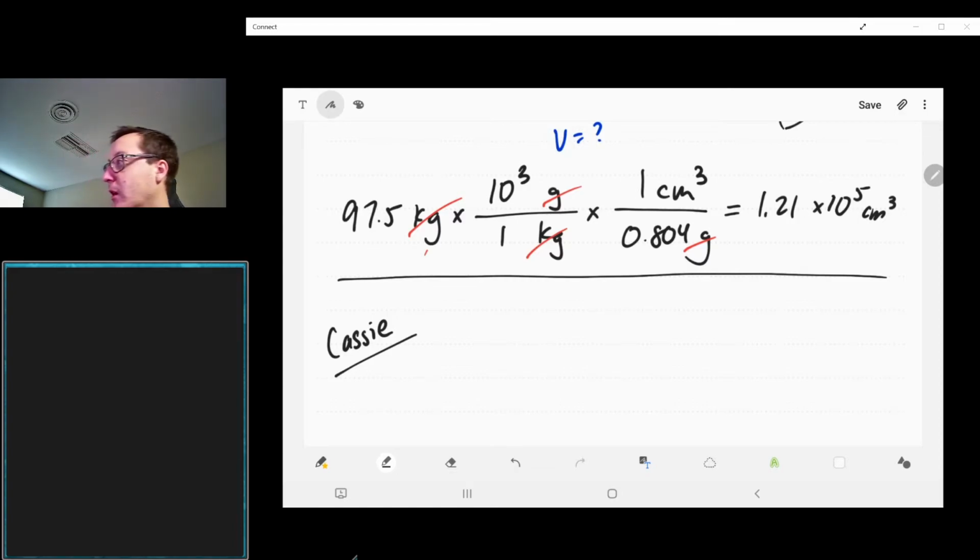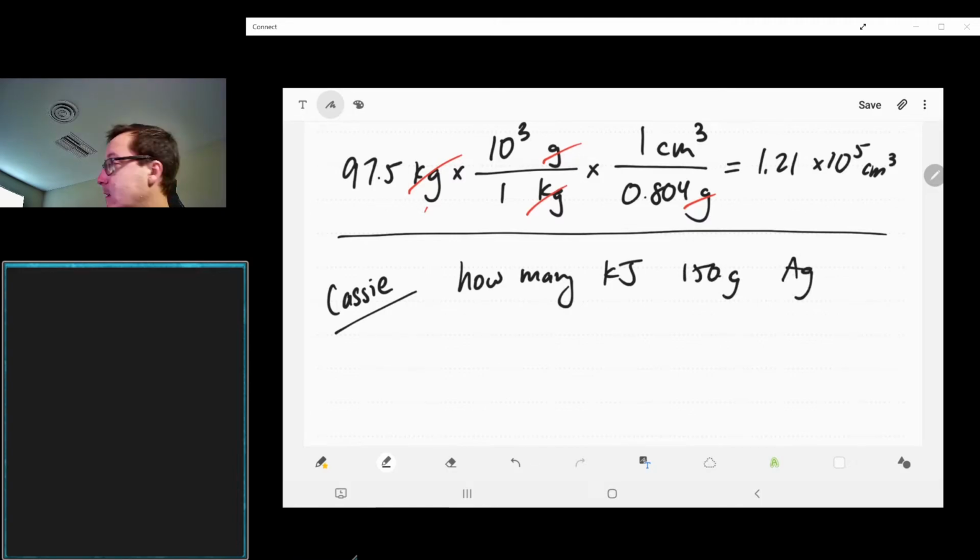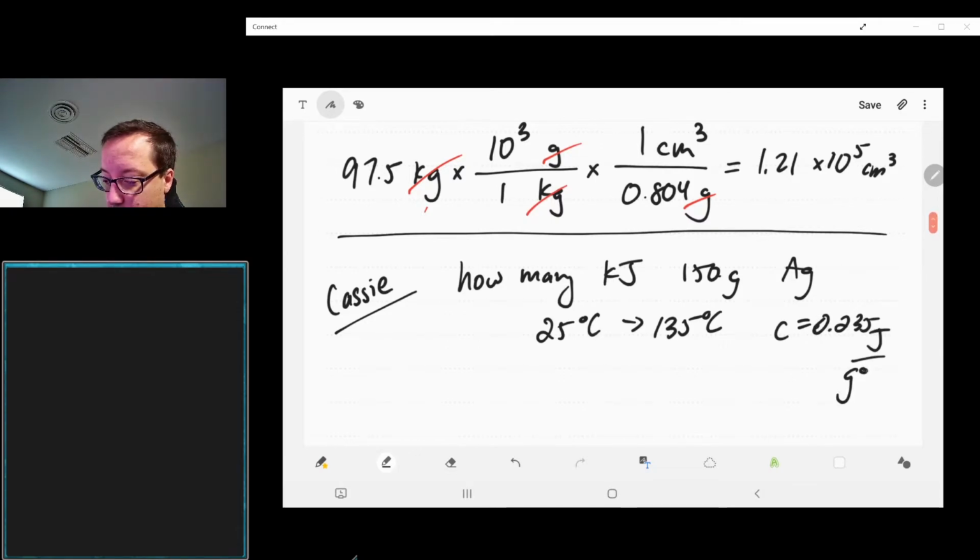Okay, we're looking for how many kilojoules. We're taking a 150 gram sample of silver from 25 to 135, and the heat capacity is 0.235 joules per gram degree Celsius.